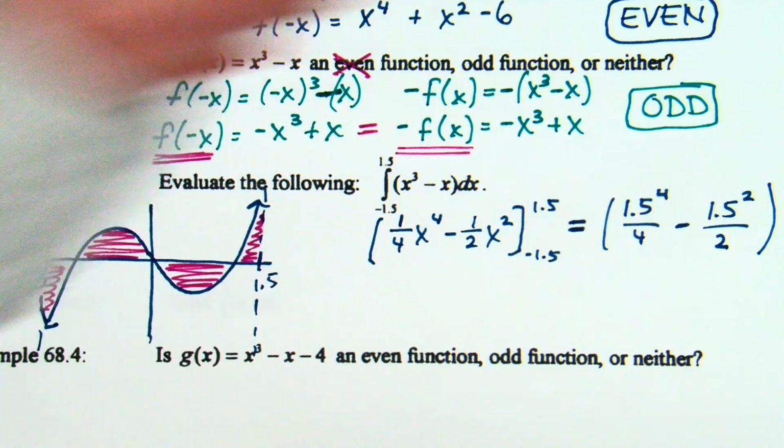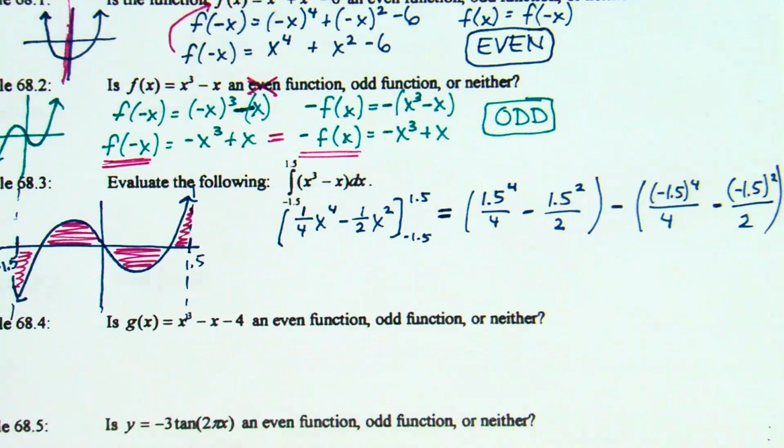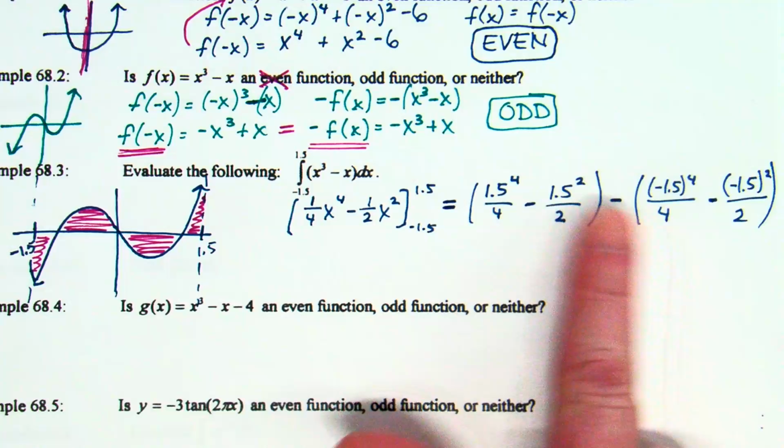And then minus, next we plug in negative 1.5: negative 1.5 to the fourth divided by 4 minus negative 1.5 to the second divided by 2. Without actually doing the math out and messing with those 1.5s, what can you tell? They're going to cancel each other out, aren't they?